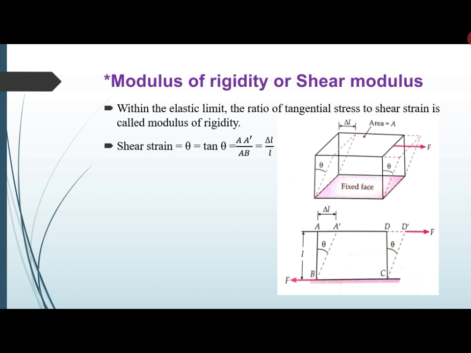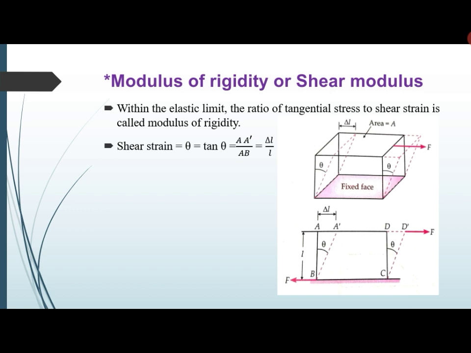The shear strain is the shift in the angle of the side with respect to its original position. So shear strain is equal to theta, that is nearly equal to tan theta. Let us substitute the value for tan theta from this triangle ABA dash, and this is equal to AA dash upon AB, where AA dash is the change in length and AB is our original length.